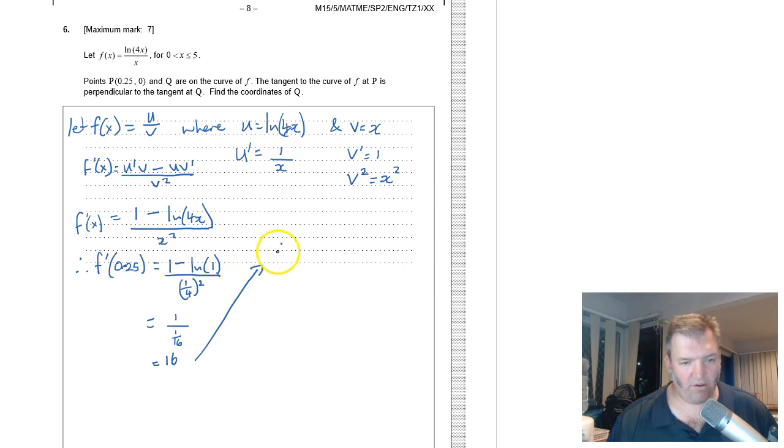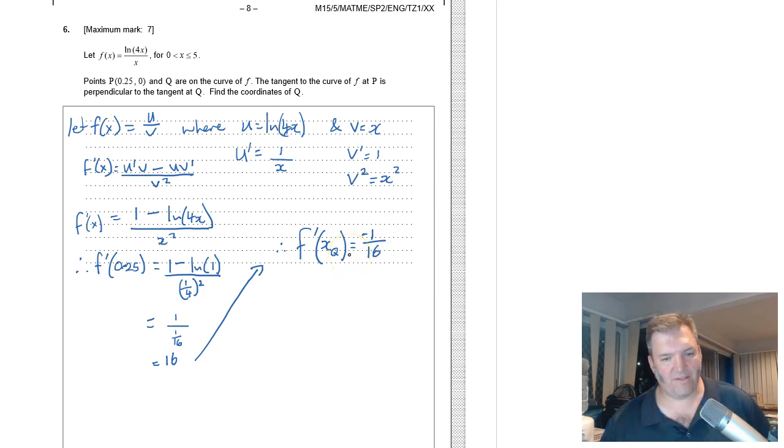What does that let me conclude? F dash at the x coordinate of Q is equal to 1 on 16. And it should be negative reciprocal, so we've got negative 1 on 16 there. Remember, perpendicular lines, the gradients are the negative reciprocal. You could even write that in just to make sure you're giving good communication there, making sure you're not giving away marks.